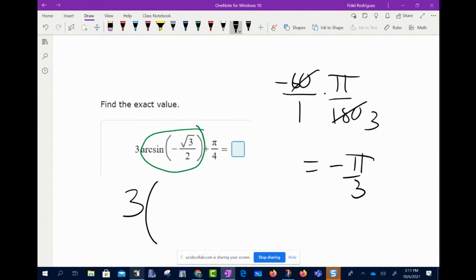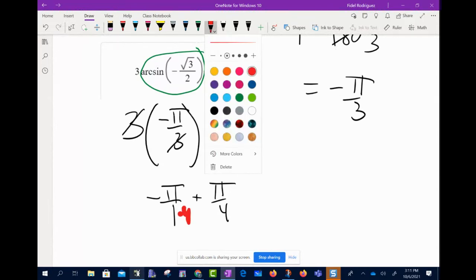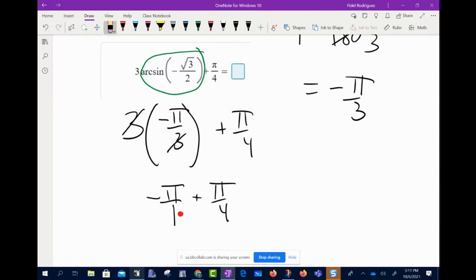Okay, so look, what do we have now? 3 times negative pi over 3 plus pi over 4. What's going to happen to these right here? So can I think of this as pi over 1 plus pi over 4? Okay, what's my common denominator here? 4. So we're going to go 4 here and 4 here.